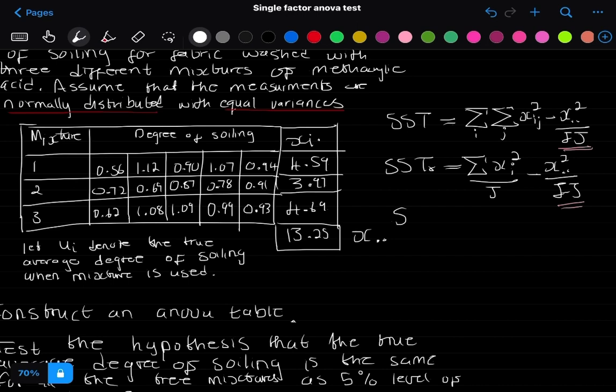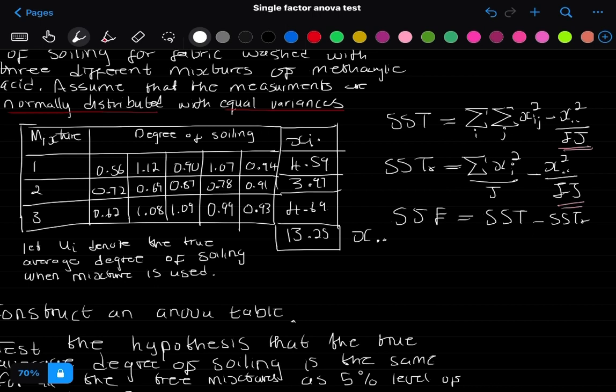The sum of squares for the error will be equal to SST minus SSTR.